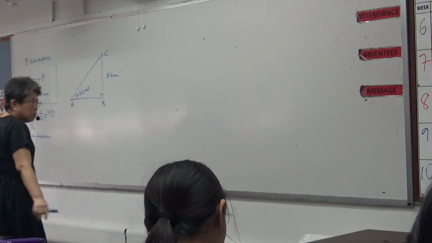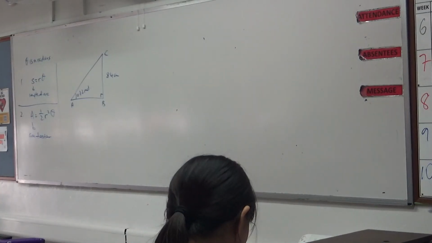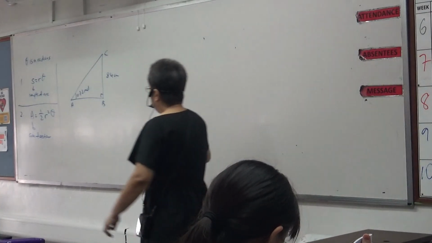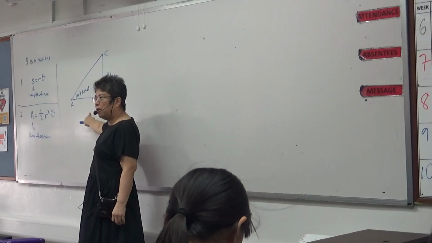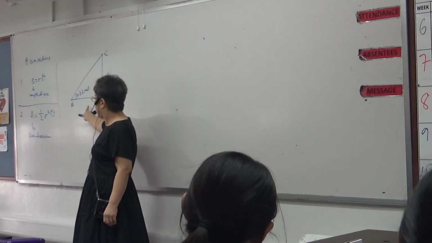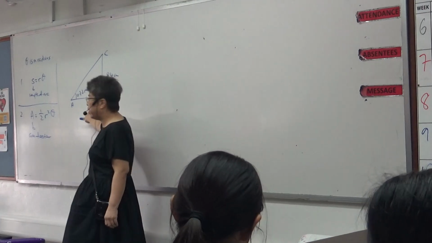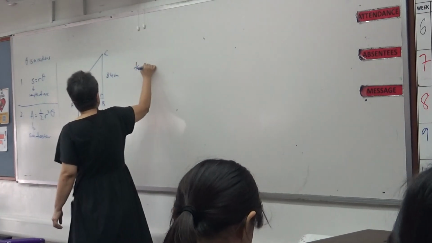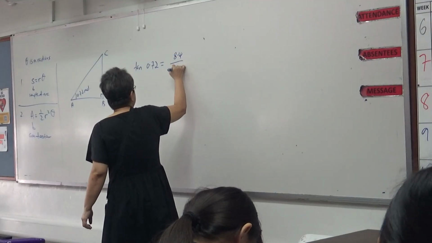Okay. First question, they want you to find the length of AB. All of you look at AB. Can you tell me, is it TOA? Tangent. So, tangent 0.72 will be 8.4 over AB.